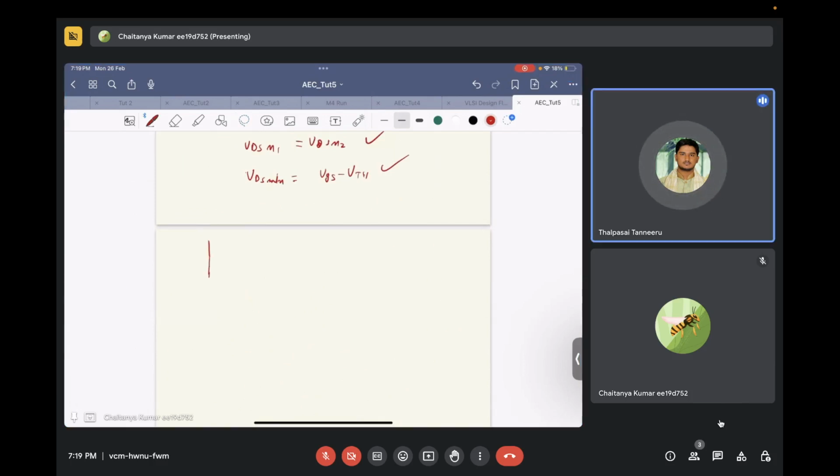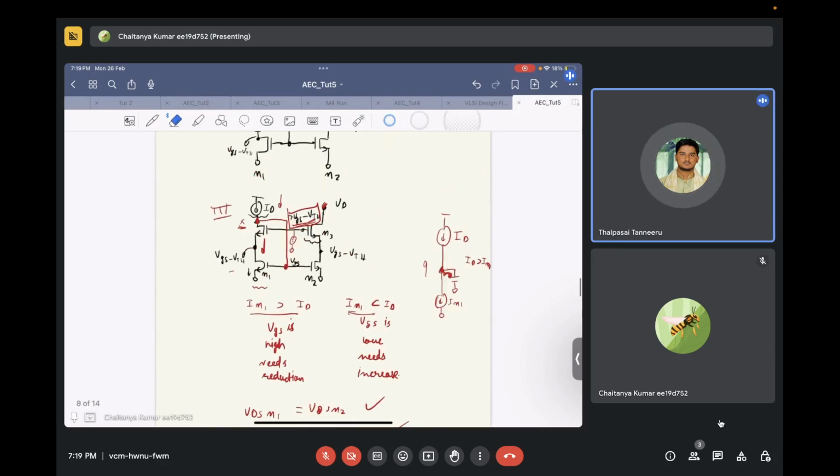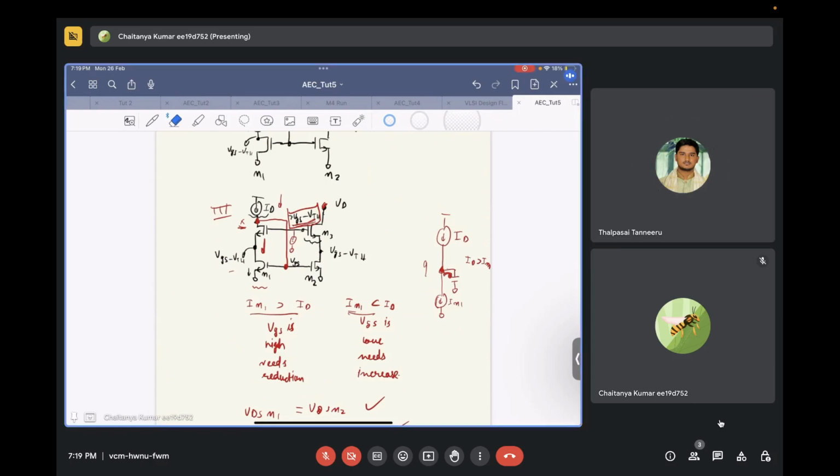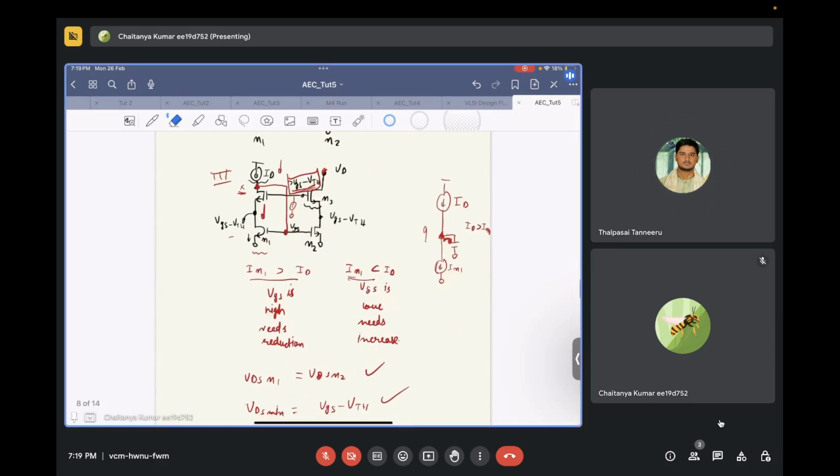You gave me an idea how the current will vary because of mismatch, but I don't know the actual reason in the mathematical equations. We will analyze and get to that.